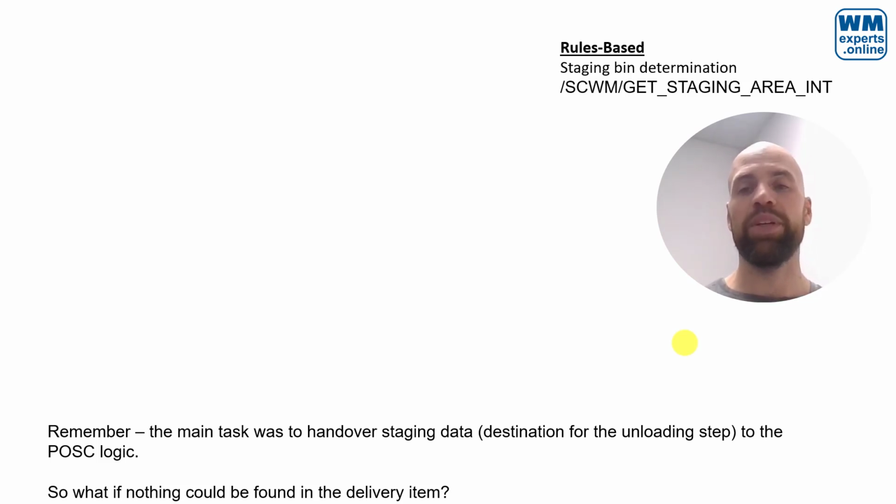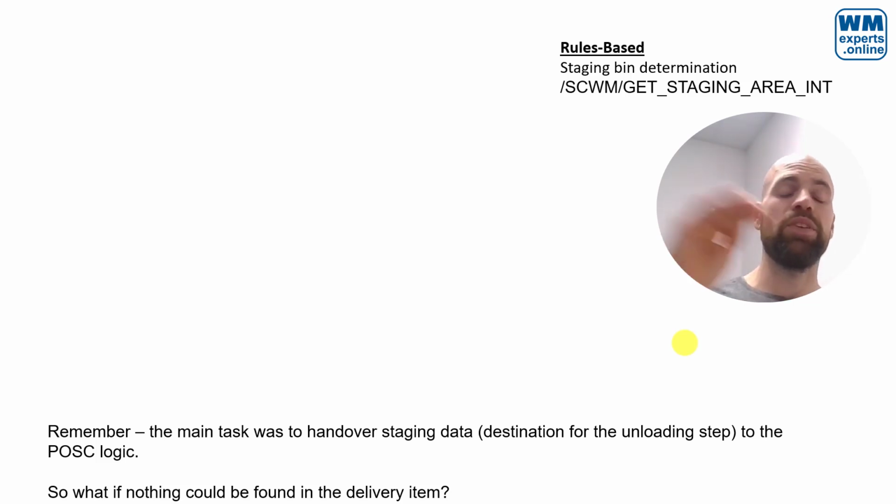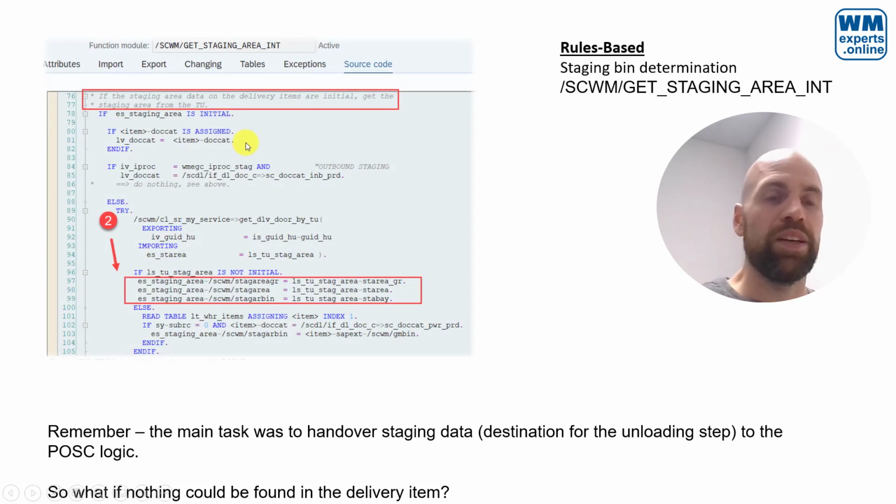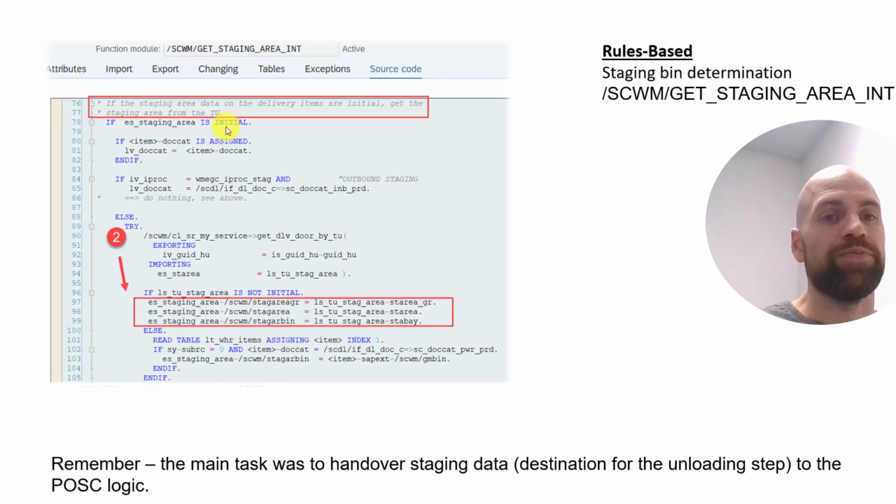So no staging bin data in the inbound delivery item. And before EWM throws an error now, we have an additional option that you would not have without the usage of the process-oriented storage control. And this is being called right after the attempt to read the data from the delivery item.